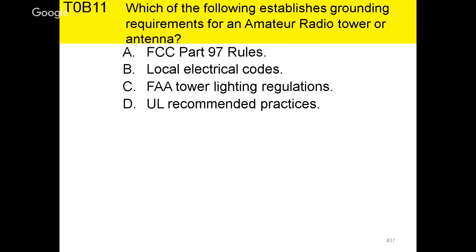Which of the following establishes grounding requirements for an amateur radio tower or antenna? Okay, grounding requirements. Now, the FCC Part 97 rules cover a lot of things like the operation of the radio, the frequency bands, different rules and regulations, but it has nothing as far as grounding requirements or the mechanical safety and nuances of your equipment.